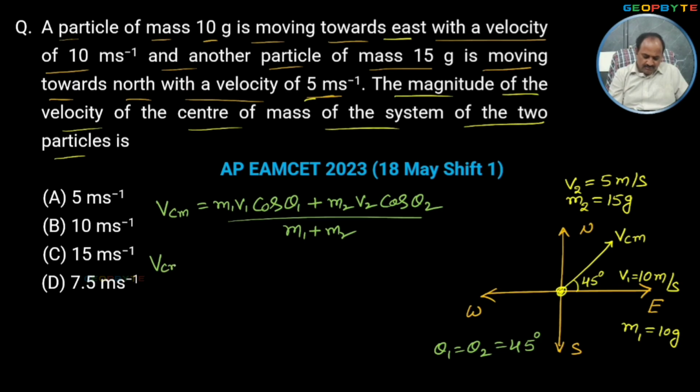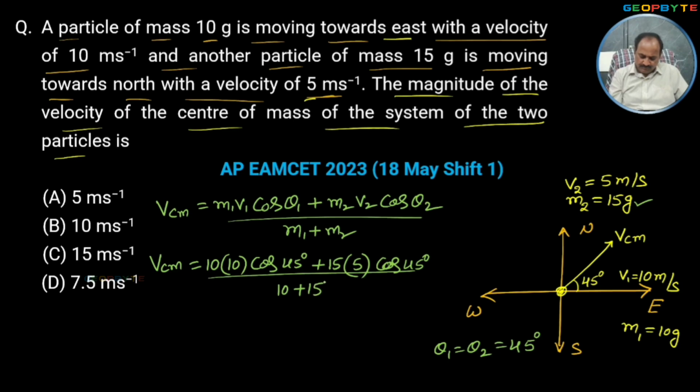Then velocity of the center of mass equals m1 is 10 grams, v1 is 10 meter per second, cos 45 degrees, plus m2 is 15 grams with a velocity 5 meter per second, cos theta 2 means 45 degrees, divided by m1 plus m2 means 10 plus 15.